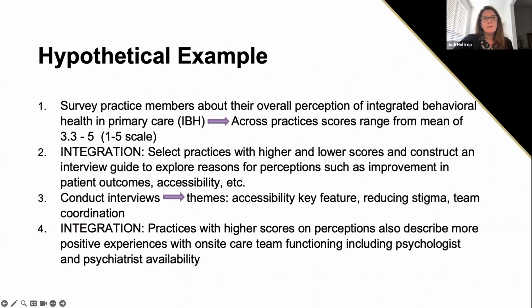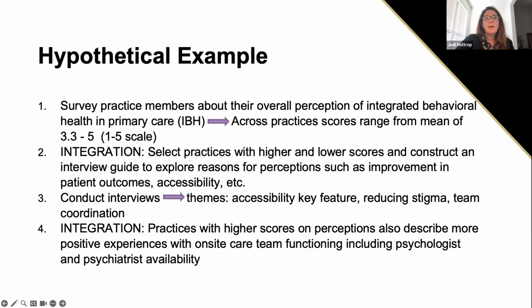Here's a hypothetical example. One of the things I've been doing lately is studying integrated behavioral health and primary care. You survey practice members about their perceptions of integrated behavioral health, IBH, and you get some scores from that. Maybe you ask them to give a score on how positive they feel about how the integration is going.